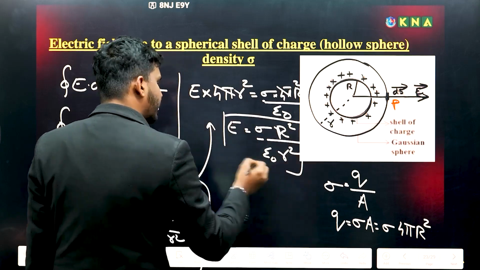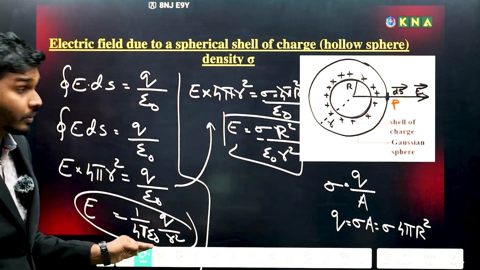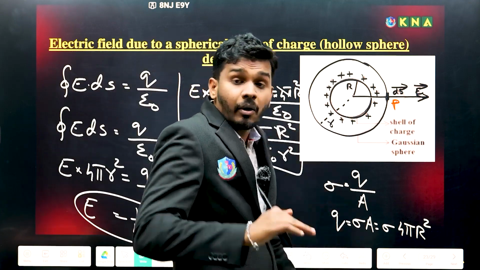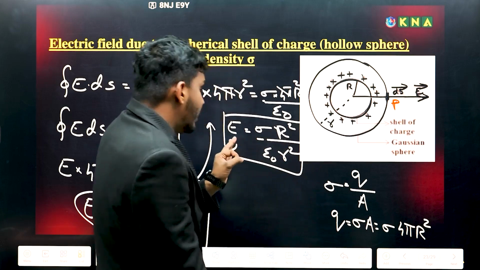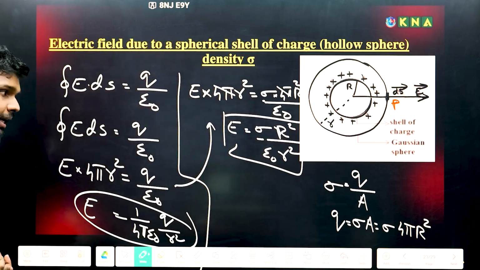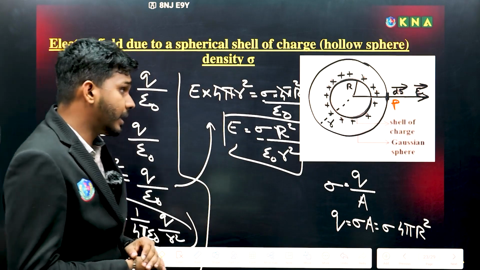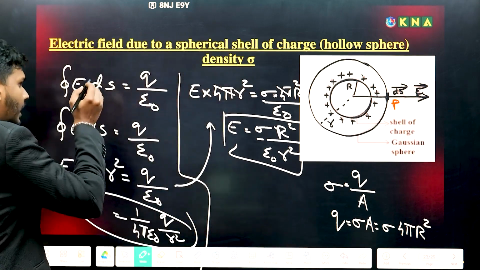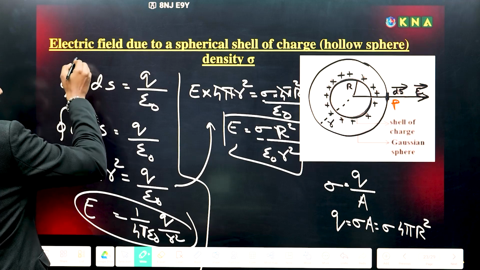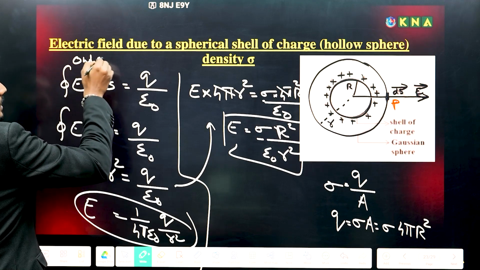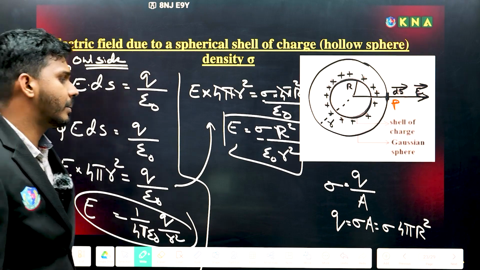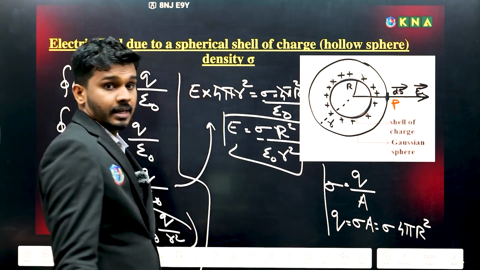So the electric field due to a spherical shell outside the shell is sigma R square by epsilon naught r square. This is for outside the shell.